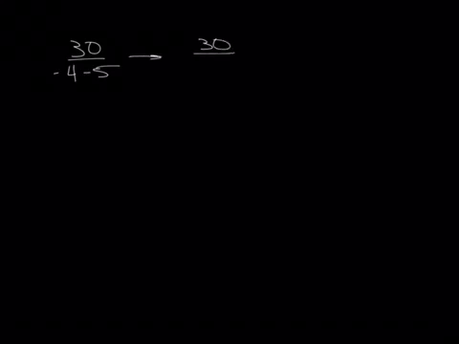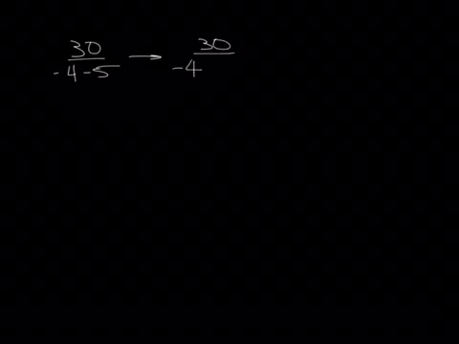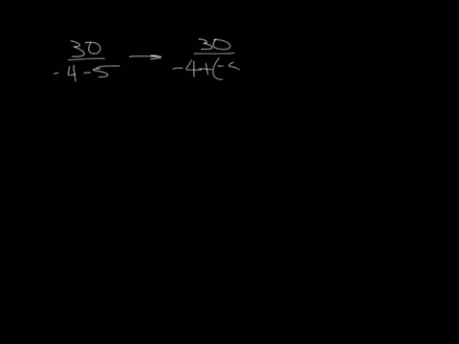Alright, so if we have 30 over negative 4 minus 5. Okay, 30 is already one number, so we don't have to do anything to that. But negative 4 minus 5 is negative 4 plus negative 5. The 5 is the biggest number, it's negative, and the signs are the same, so we add them, and we get 30 over negative 9.